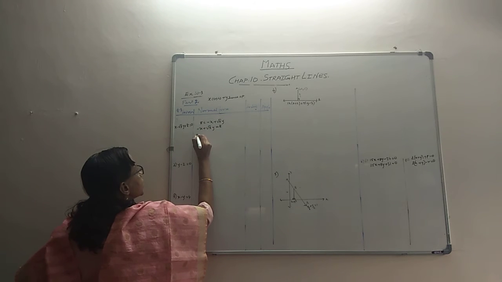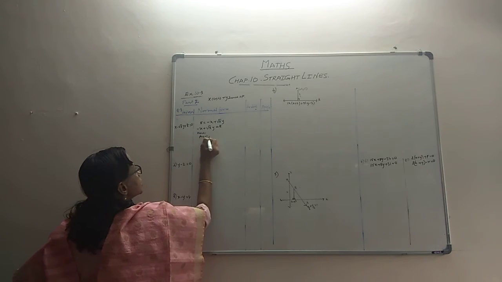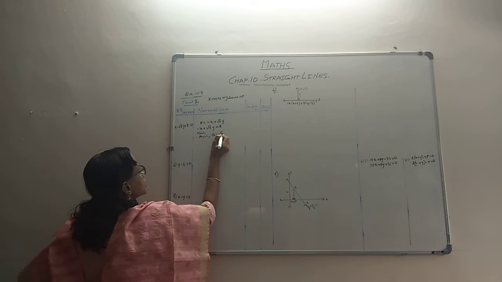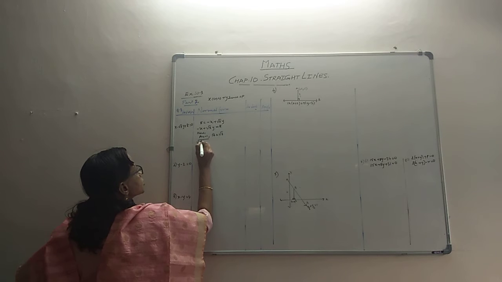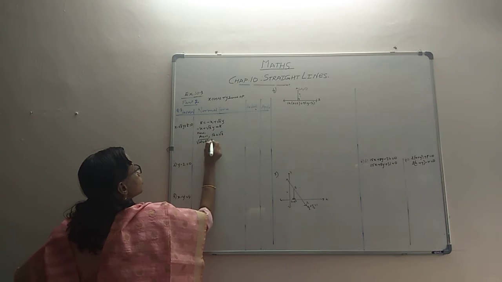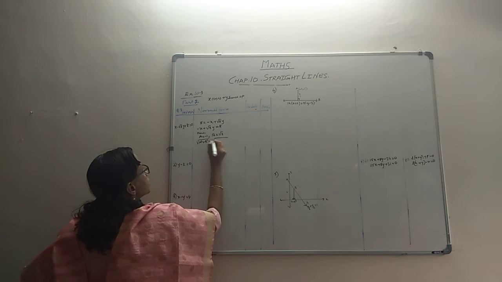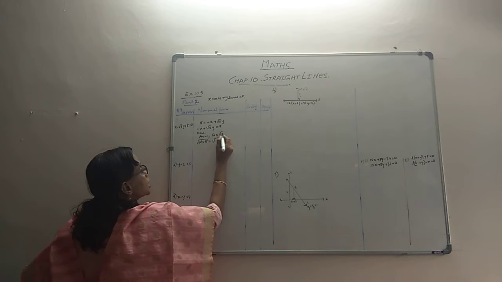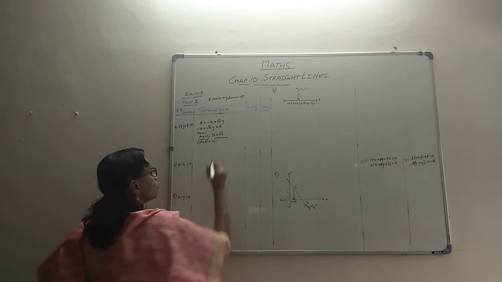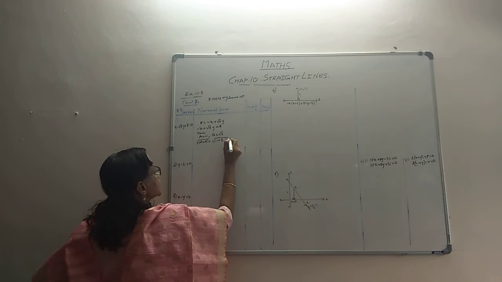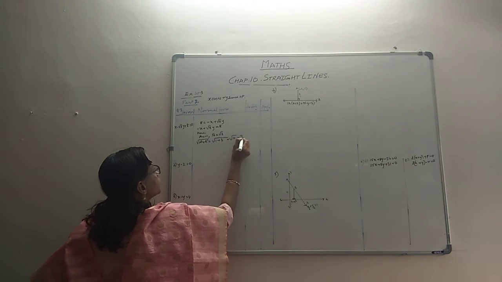As I was telling you about A and B, what are A and B here? A here is minus 1 and B here is root 3. We have to find out root of A squared plus B squared. Minus 1 squared is 1, root 3 squared is 3. So 1 plus 3, that's root 4, and that will come to 2.